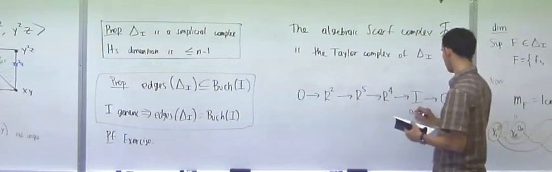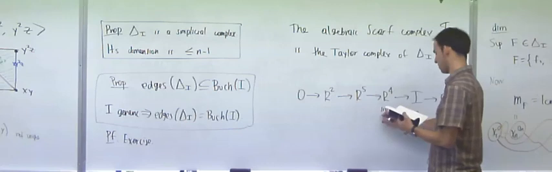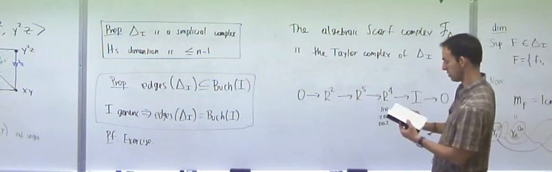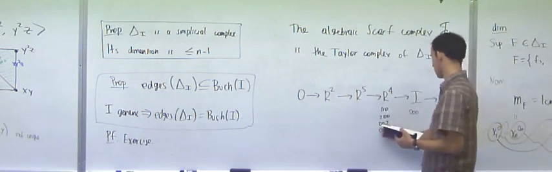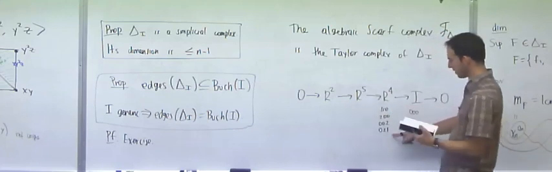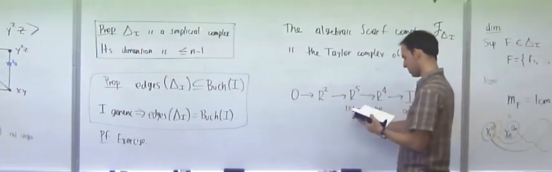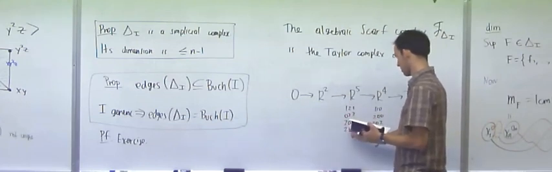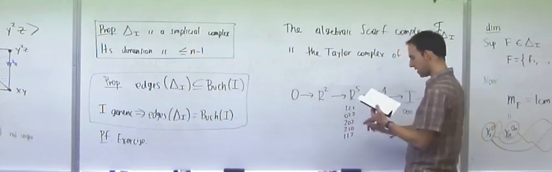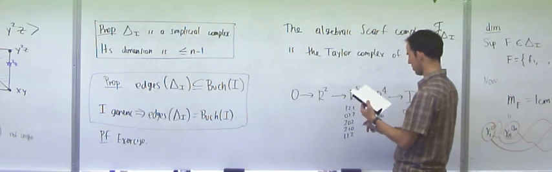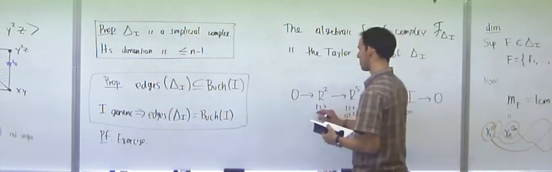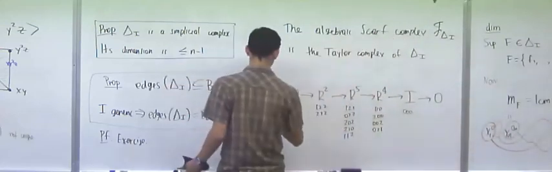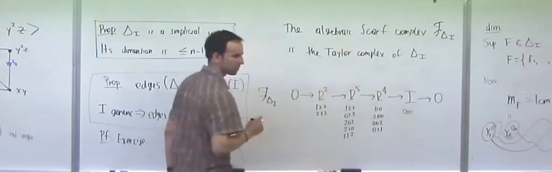So it was 0, 0, 0, 1, 1, 0, 2, 0, 0. So these are the labels on the vertices. Then the labels on the edges are these. And then the labels on the triangles are these. Okay. So in that example, this is what's called the algebraic Scarf complex.